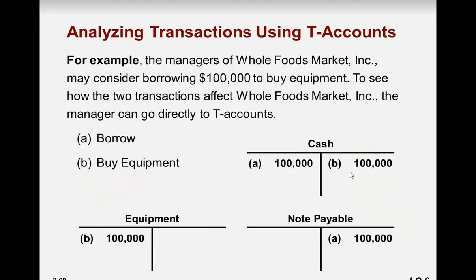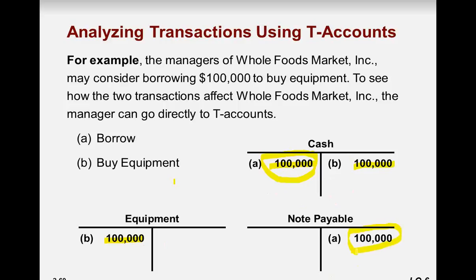So if I borrowed $100,000 cash, I would end up with this $100,000 as I borrow, and I could buy this equipment. Then I spent this cash to buy this equipment, and this $100,000 is the money I borrowed.